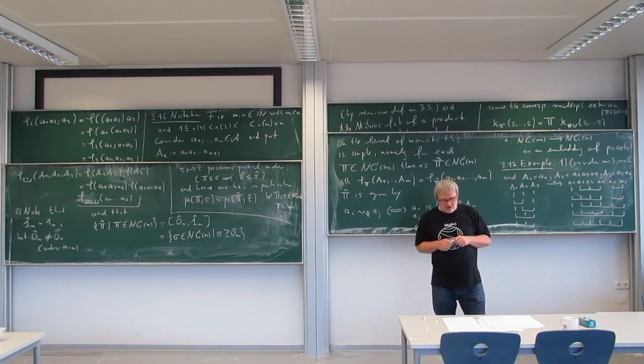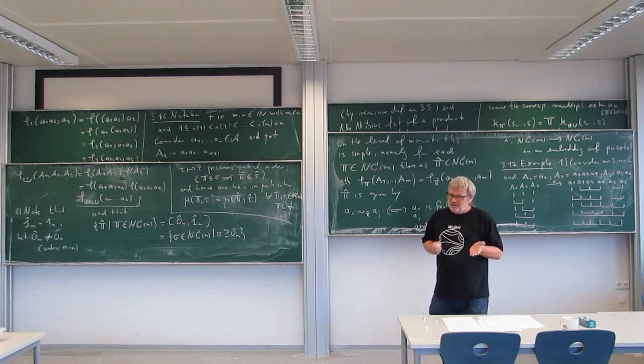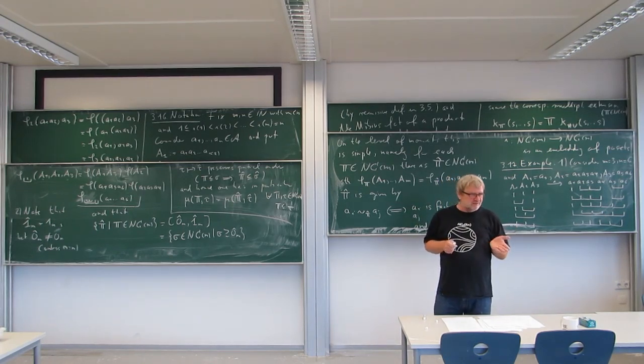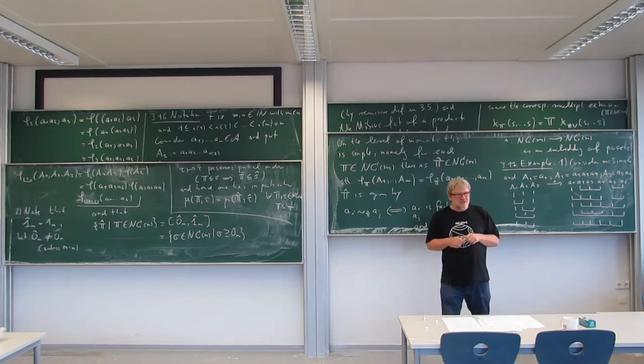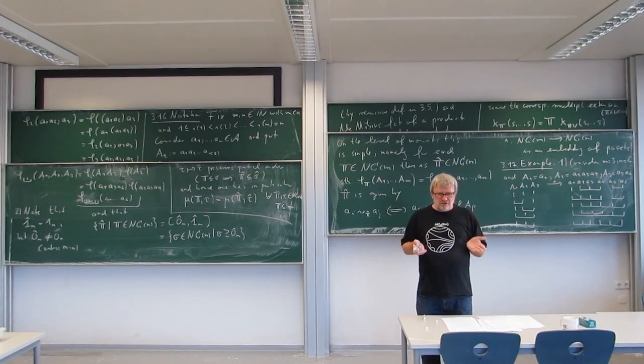Namely, it turns out that the non-crossing partitions are not only a poset, but they are actually a lattice. And a lattice is a poset which has some extra structure, namely for each two partitions I have a maximum and a minimum.